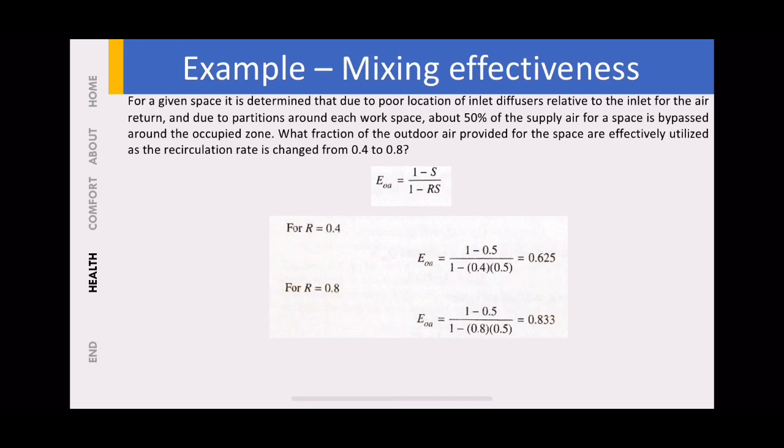Alright, example. For a given space, it is determined that due to poor location of the inlet diffuser relative to the inlet of the air return, that means that the return air and the supply air are misplaced when they are designing this space. And due to partitions around each workspace, that means you have a lot of partitions, cubicles, cupboards that are blocking the airway, about 50% of the supply air for the space is bypassed around the occupied zone.